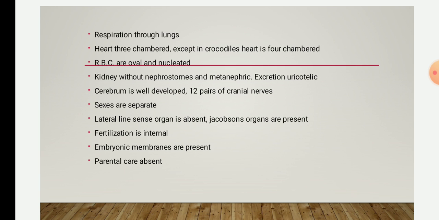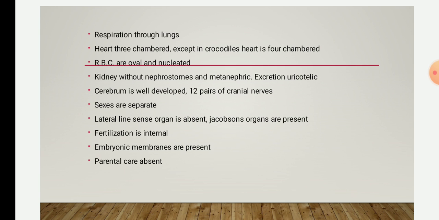This uricotelic is found in reptiles and birds. Why uricotelic? Uricotelic is very important. The excretion of nitrogenous waste in the form of uric acid conserves water. Uric acid is poorly soluble in water, and it can be excreted with minimal association of water. That's why this helps in the conservation of water.